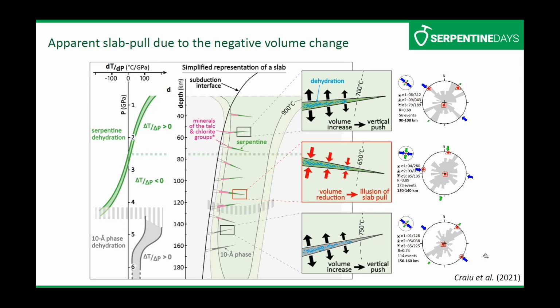And we also have an apparent slab pool in the slab between 80 and 120 kilometers, and I think it's only due to the negative volume change and fluid circulation. This one is not published yet. Sorry for the mistake.